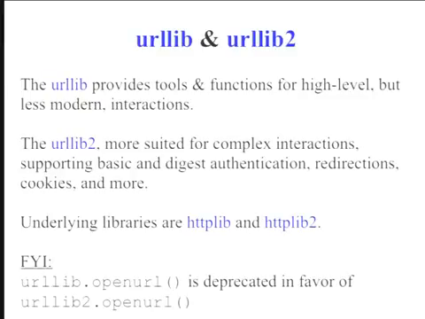It was written with not as high functionality as urllib2, which is better for more complex interactions and can handle authentication, cookies, and some more higher level things. I'll talk about authentication, not so much cookies, in the examples in the notebooks. And they basically make calls to httplib; they import those modules within them.